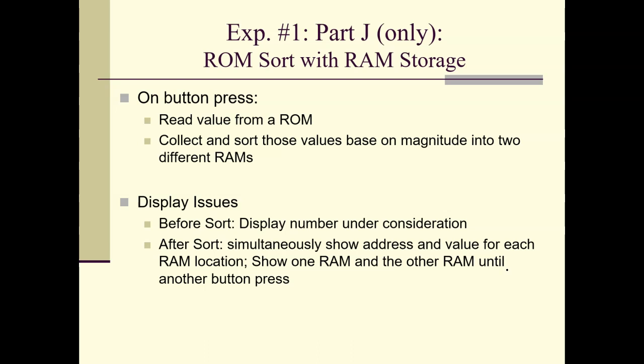But a couple issues here. I want you to display certain stuff in certain order. So when you're actually sorting the numbers, I want to see the number on the display on the development board. After it's sorted, it's going to step through each RAM, every address in each RAM in order, and then go to the next RAM, then go back to the other RAM.